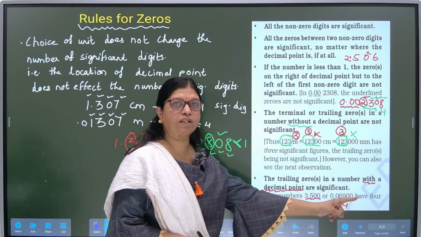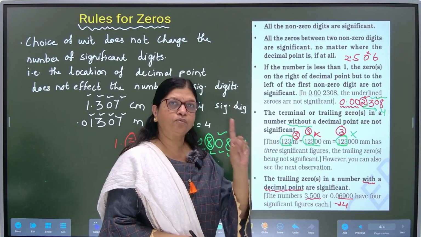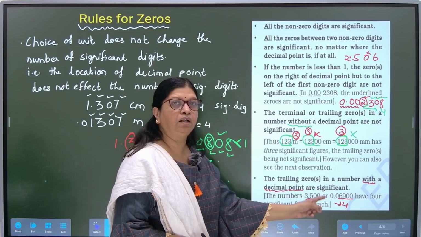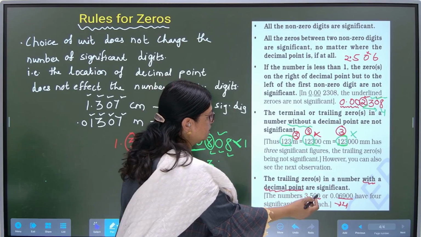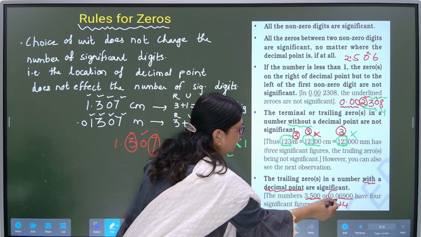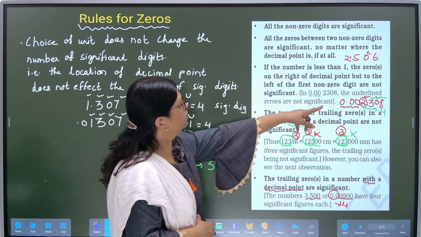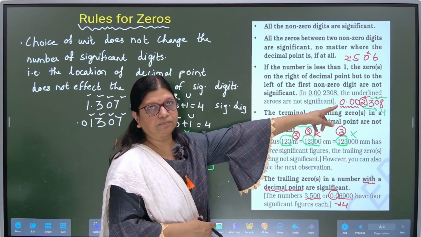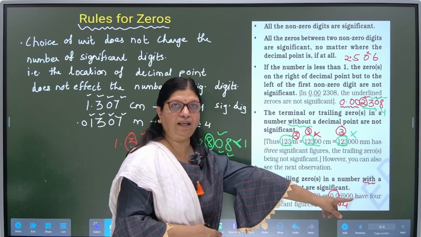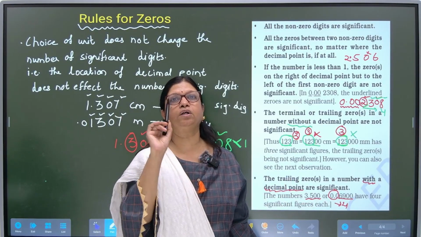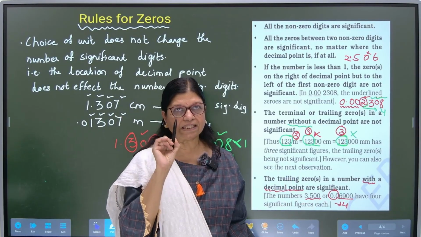Here also 2 trailing zeros are available. We have to consider them, but we don't have to consider the zeros which are ahead of the first digit as per rule 2, because this number is less than 1. So both these given numbers have 4 significant digits.